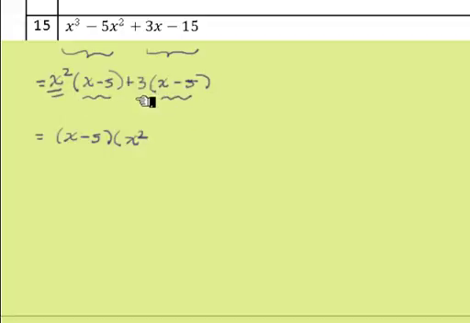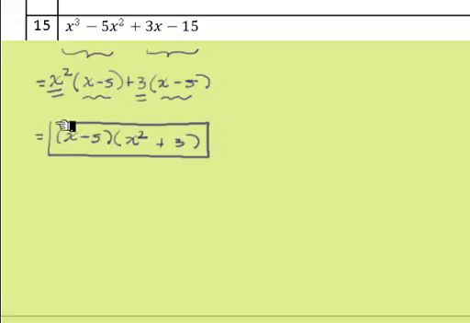And we pull x minus 5 out of this group, and we're left with 3. So that's called factoring by grouping. And it works only in very special cases, where we end up grouping together and we get the same polynomial in parentheses in both groups.